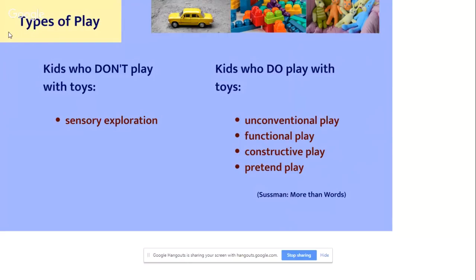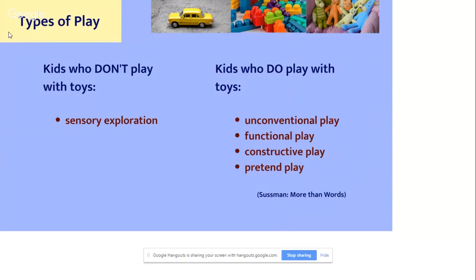And then there are kids who do play with toys, and some of them are playing with the toy in unconventional ways. They might take a toy truck, but instead of doing what you would expect, they're banging it against the wall, or spinning it, or lining it up.